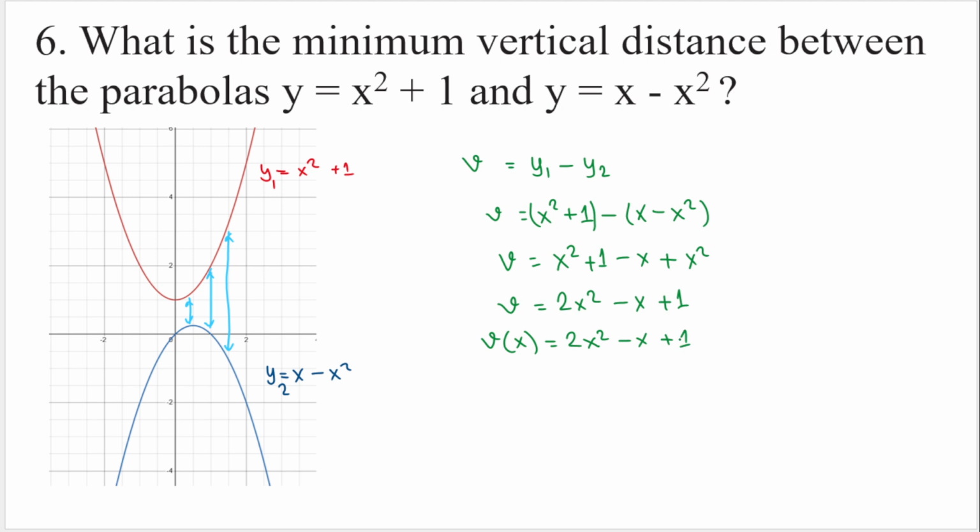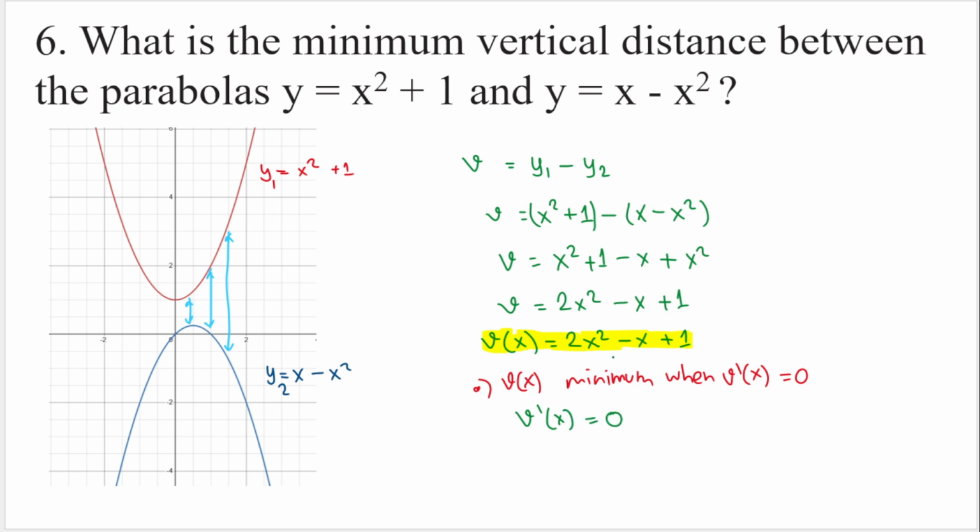Okay, that is v of x, and we want this to be minimum, right? And that is minimum, v of x minimum, when v prime of x is equal to 0. Okay, now let's rewrite that. So we will have v prime of x is equal to 0.